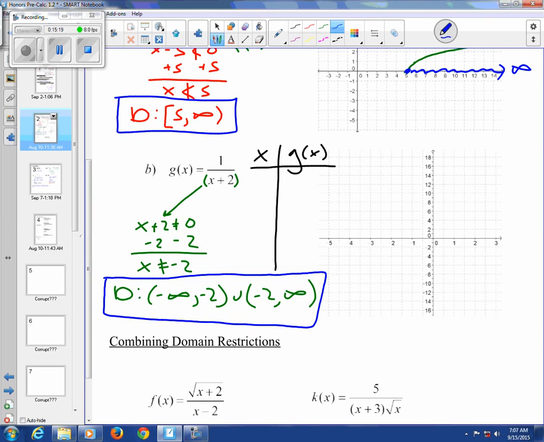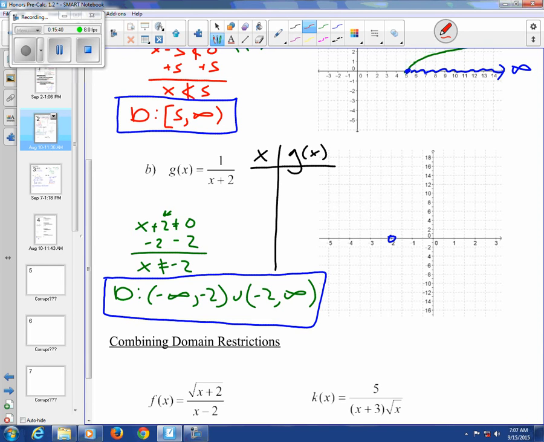I want to talk a little bit about what we're seeing from this guy as we approach that hole in the domain of -2, that single x value that we can't have. So right here, what we want to see is that we have a rational function, or a function that has a variable expression in the denominator.